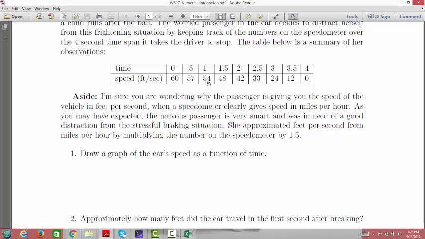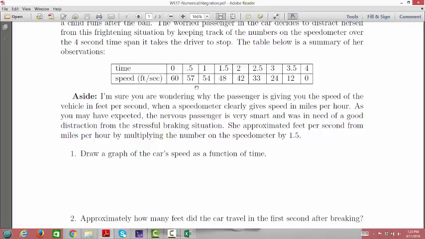One thing we could do is use that formula, distance is rate times time, and take this rate, 60 feet per second, and assume we were traveling that 60 feet per second for the entire second, and say we went 60 feet. Well, that's an estimate. It's an overestimate, because we know that we started going slower for some of that time. We weren't traveling at 60 the whole time. Conversely, we were traveling 54 feet per second or faster the entire time.